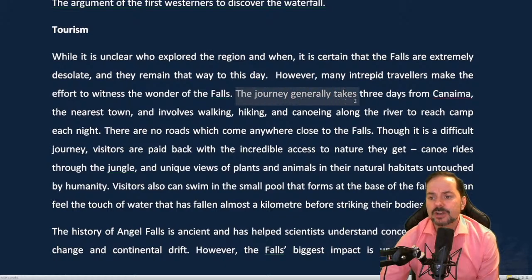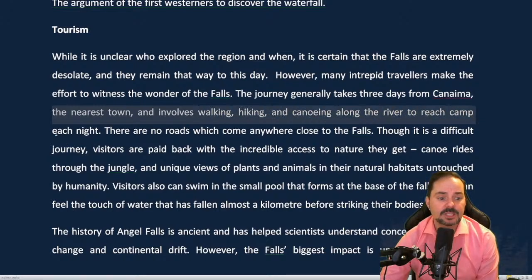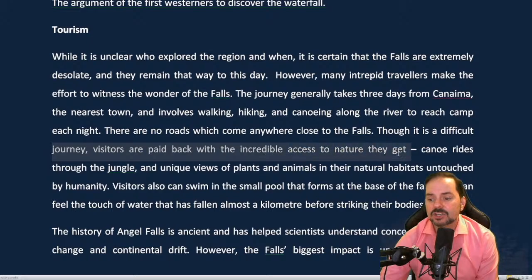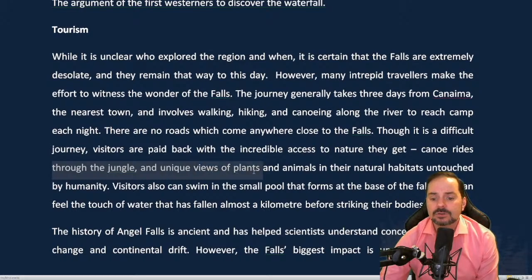The journey generally takes 3 days from Canaima, the nearest town, and involves walking, hiking, and canoeing along the river to reach camp each night. There are no roads which come anywhere close to the falls. Though it is a difficult journey, visitors are paid back with the incredible access to nature they get. Canoe rides through the jungle, and unique views of plants and animals in their natural habitats untouched by humanity.